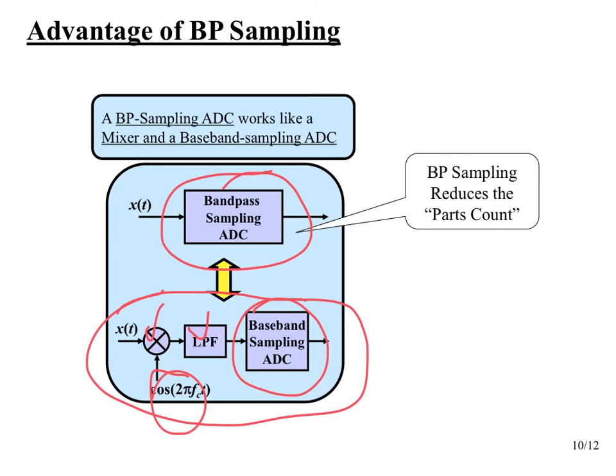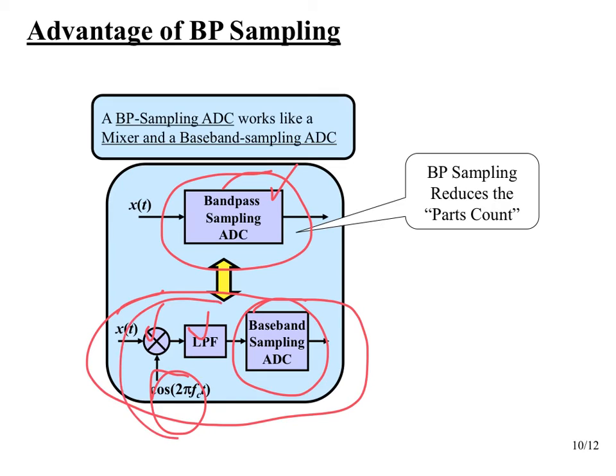So the goal is to reduce the number of parts in our system. And these things become more digital than analog, although an A to D converter does have some analog stuff in it.